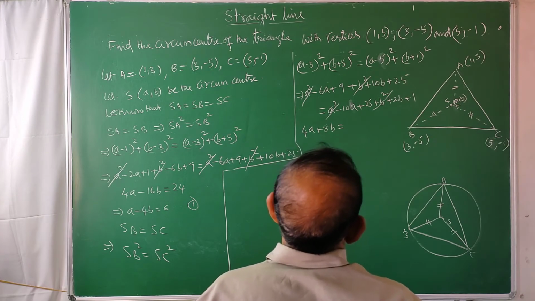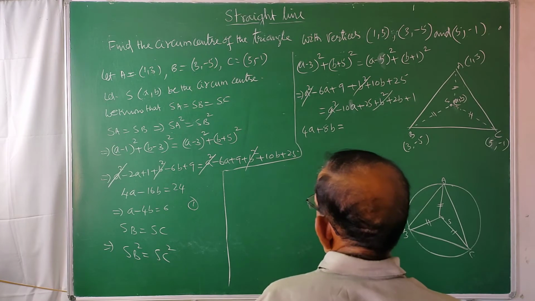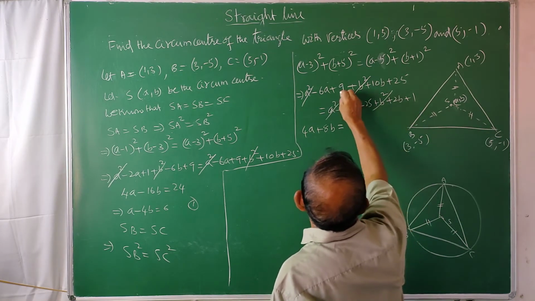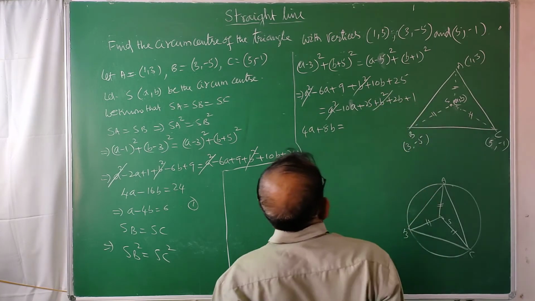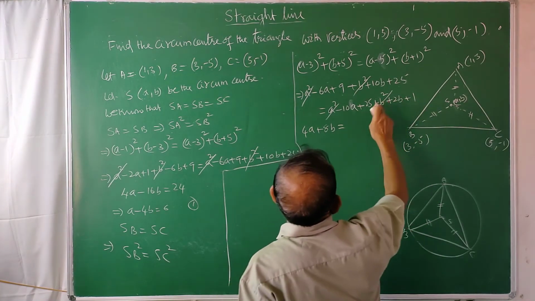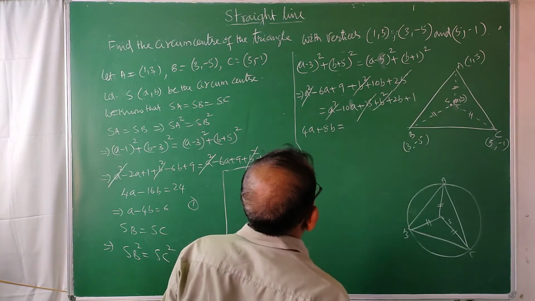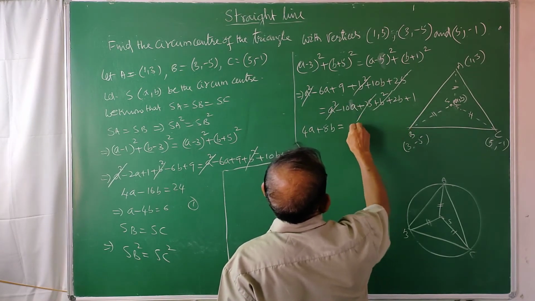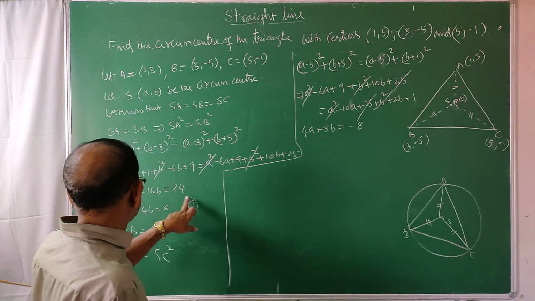So a square minus 10a plus 25 plus b square plus 2b plus 1. 10a will come to the left side as plus 10a. 10a minus 6a is 4a, and 2b will come to the left side as minus 2b, plus 10b minus 2b is 8b. Constant 9 plus 25 is 34, and here 25 plus 1 is 26. 25 can cancel on both sides. So 9 minus 1 is 8, which we bring to the right side as minus 8. Here constant is 24.